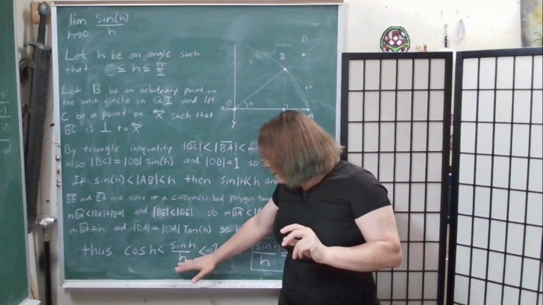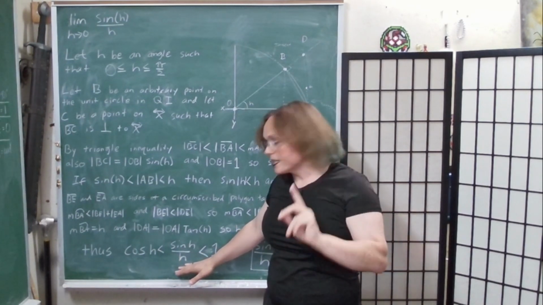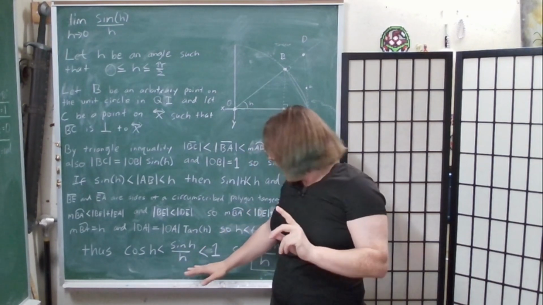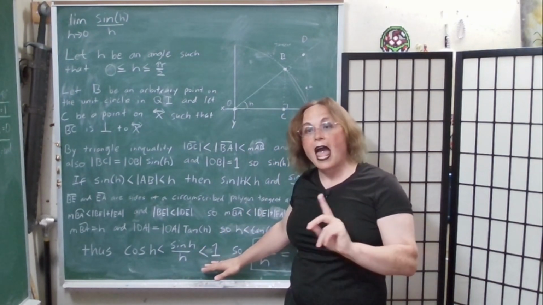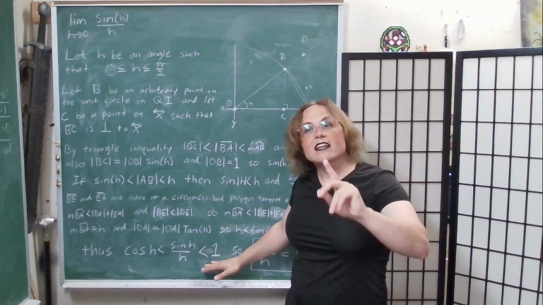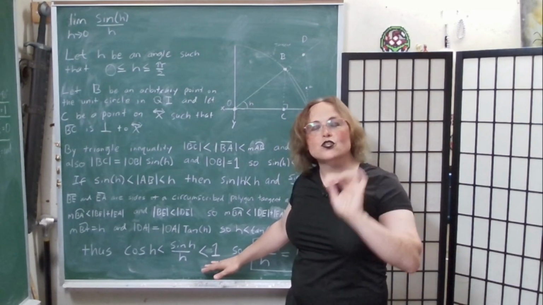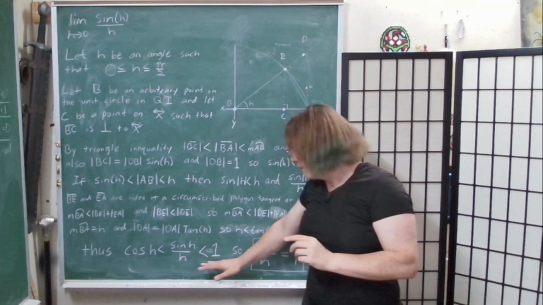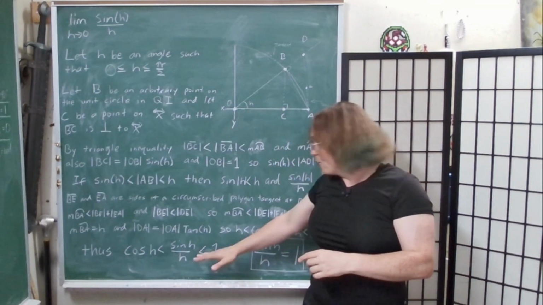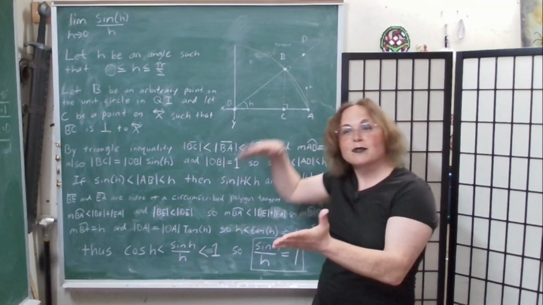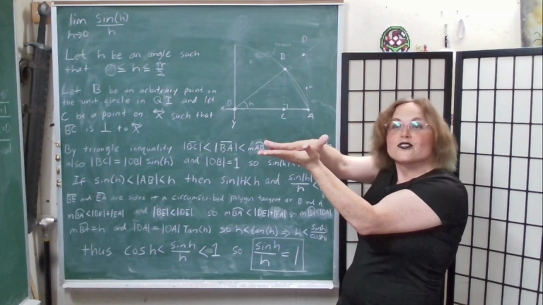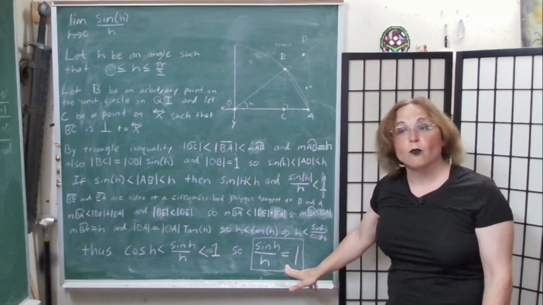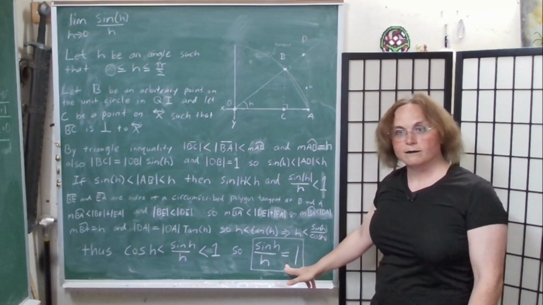And the sine of H over H is strictly greater than cosine of H at that point, and is strictly less than 1 at that point, and that fits our criteria for the squeeze theorem, meaning we have found a function we can take the limit of and a function we can take the limit of that we can sandwich this function nicely between, and so therefore at that point this is equal to 1 by the squeeze theorem.